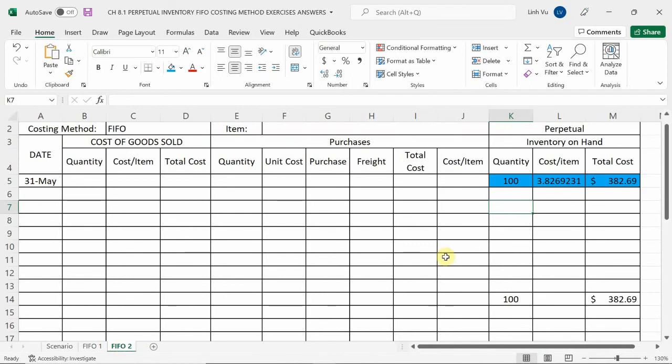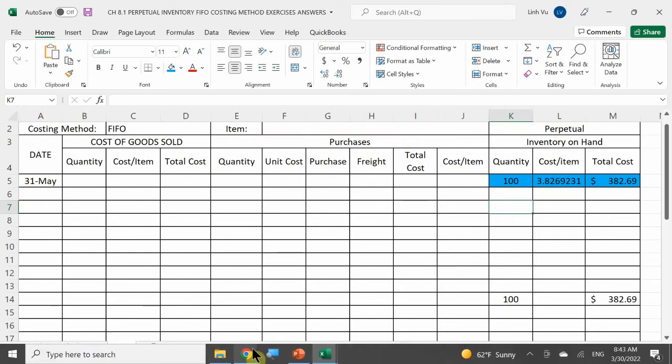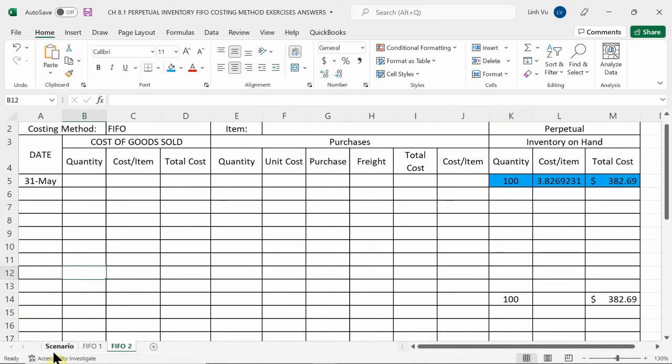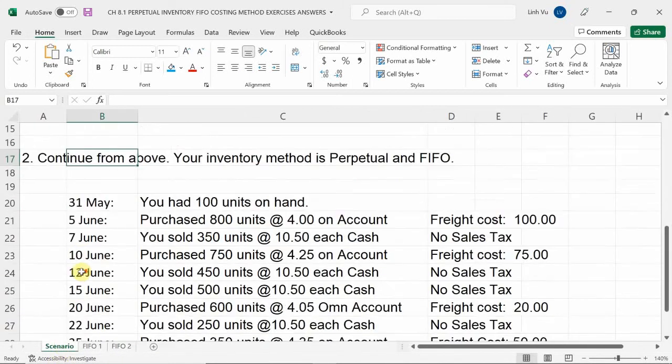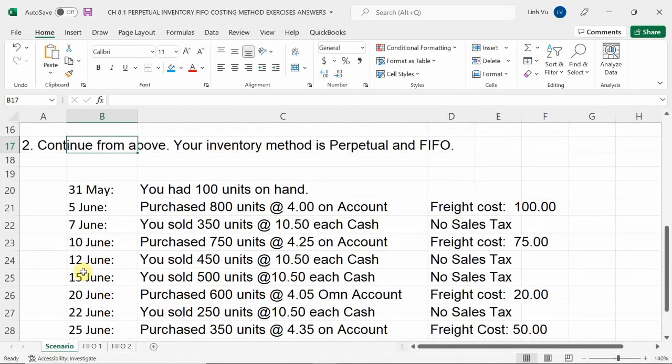So let's see what we do next. Okay. All right, so first thing we have here is that on June 5th, we end up purchasing 800 units, okay, for $4 each with a freight of $100.